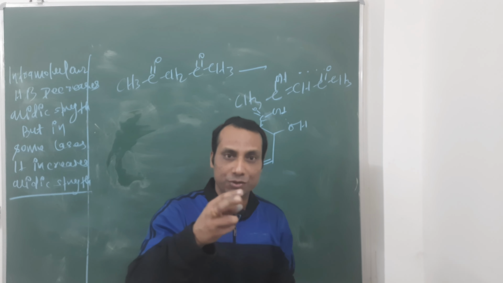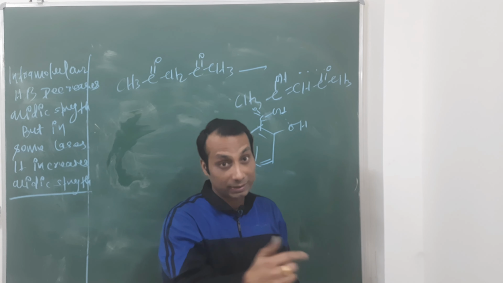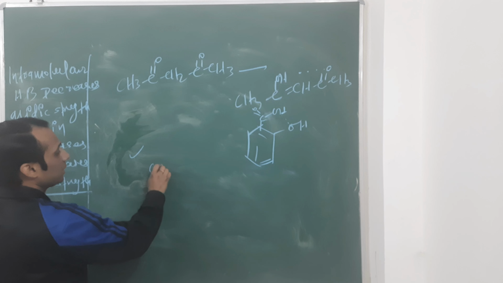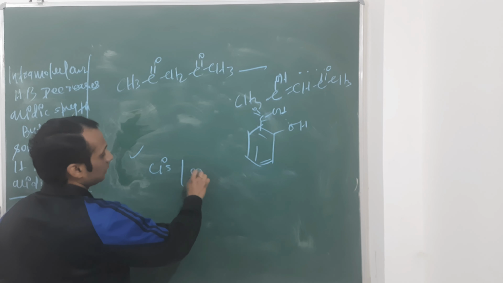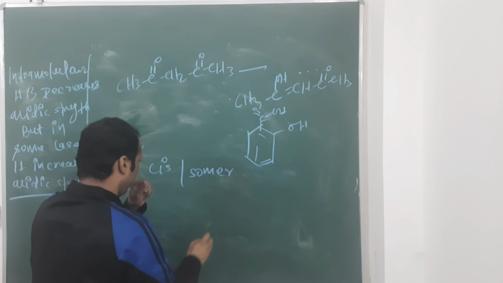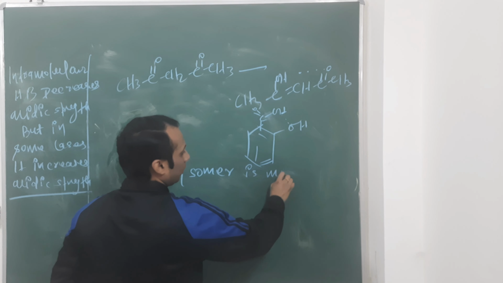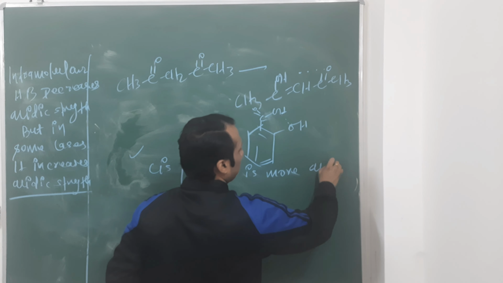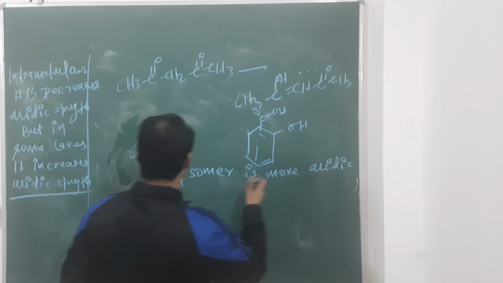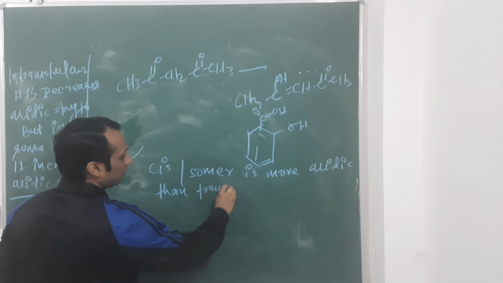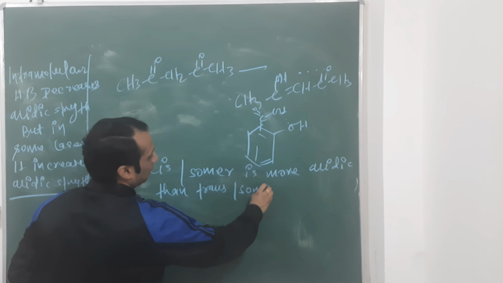because cis forms the intramolecular hydrogen bonding. You understand the example here. See here. One more we can write here. Cis isomer is more acidic than trans isomer.